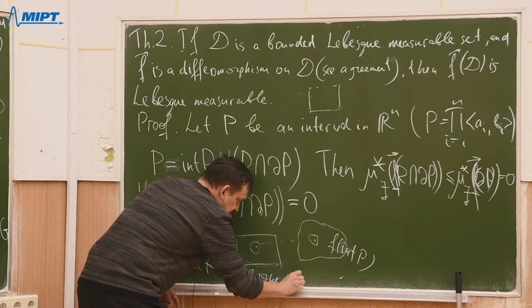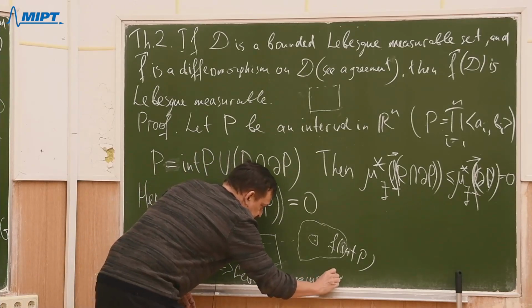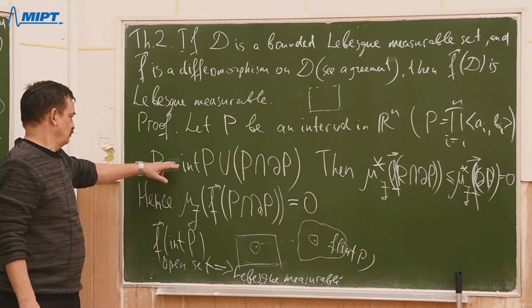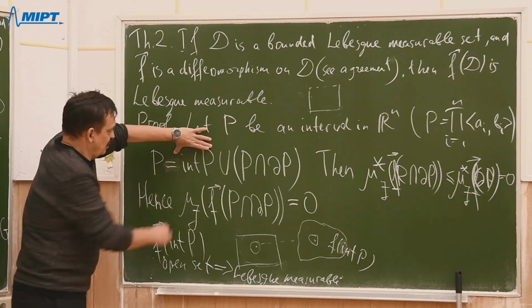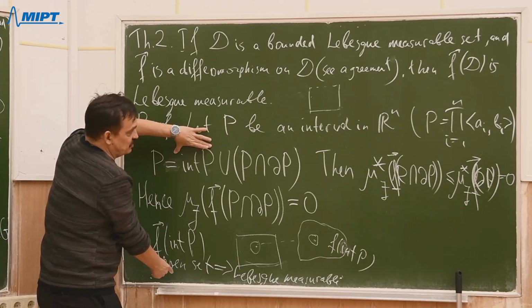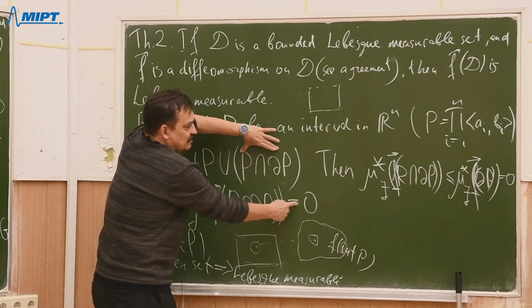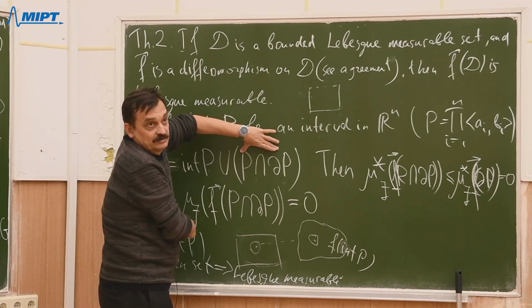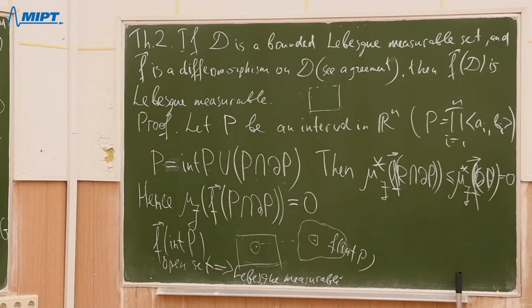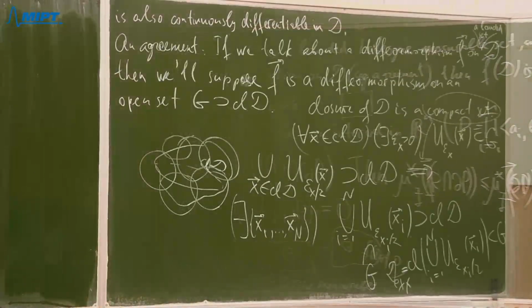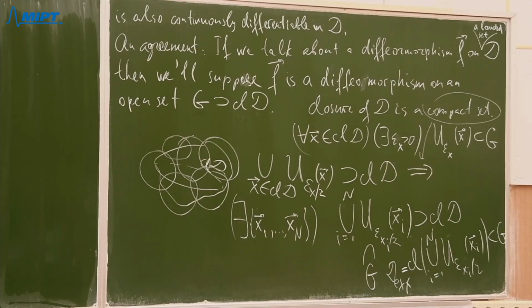So you see, what is the image of P? That is f of this open set, Lebesgue measurable, together with f of the boundary part, which has even Jordan measure 0. So altogether we have a measurable set. So for an arbitrary interval, the image of this interval is a Lebesgue measurable set. Okay, then what do we have?